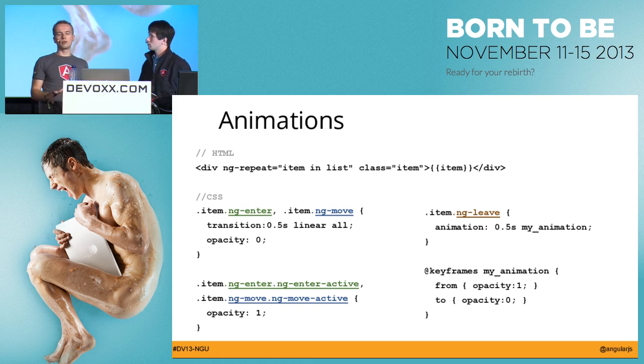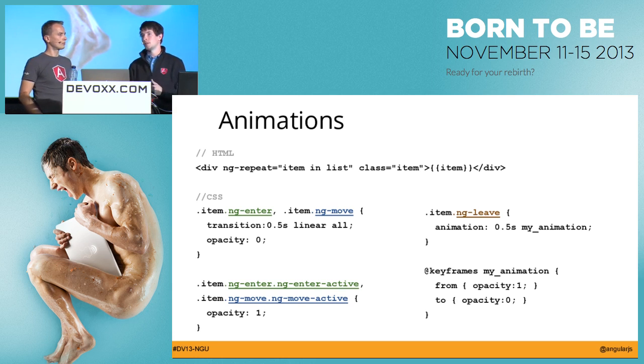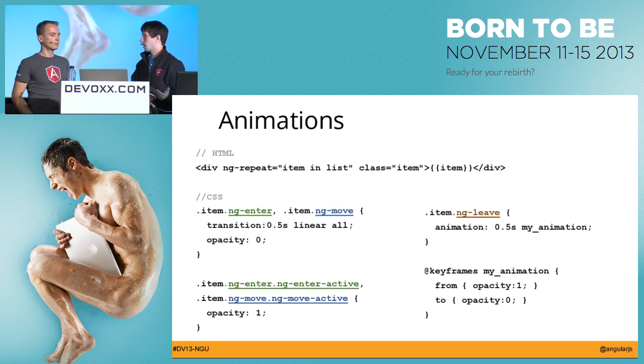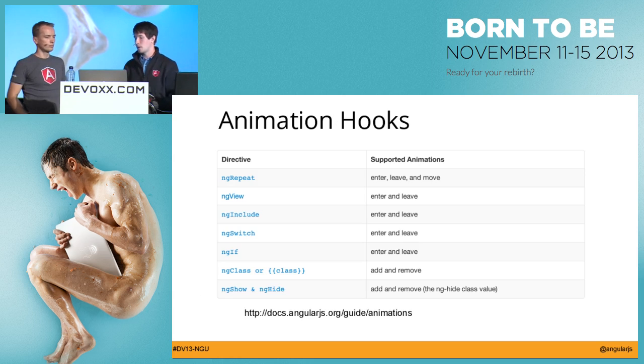So there's nothing that you have to worry about. We figure out everything based on the styles you apply to DOM nodes. This is really important because typically you would have to keep these styles in sync with your JavaScript. By keeping these CSS declarations as the single place of truth for animations, it makes it very easy to keep your animations maintainable.